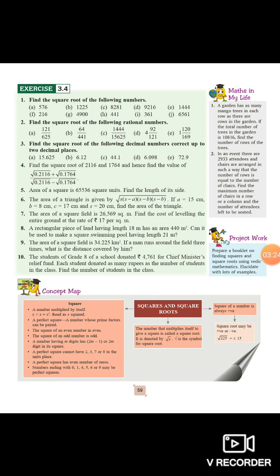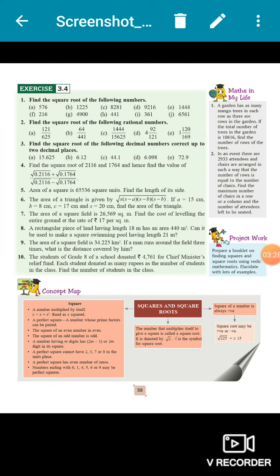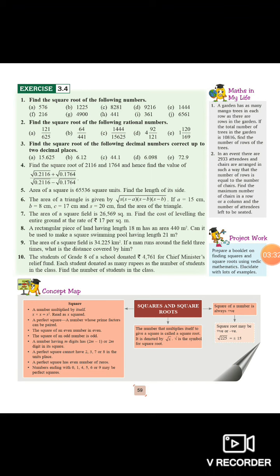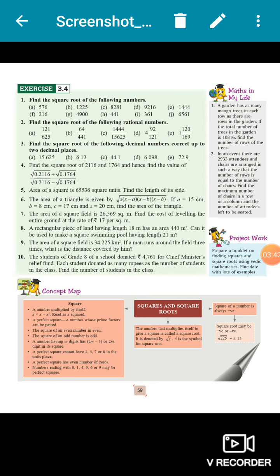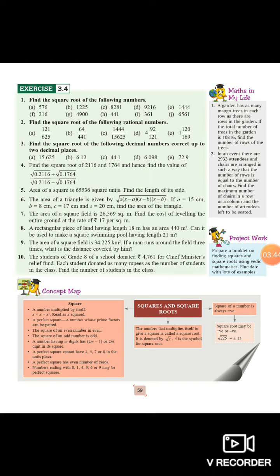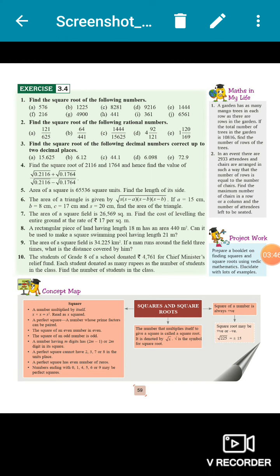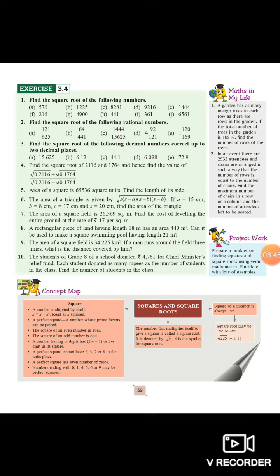It means a rectangular piece of land whose length is 18, area is given, breadth also we can find, but breadth is not needed at all. Why? Because look at what is asked: can it be used to make a square swimming pool having length 21? They want to make a square swimming pool of side 21 meter, and what we know about a square is that all sides are equal.